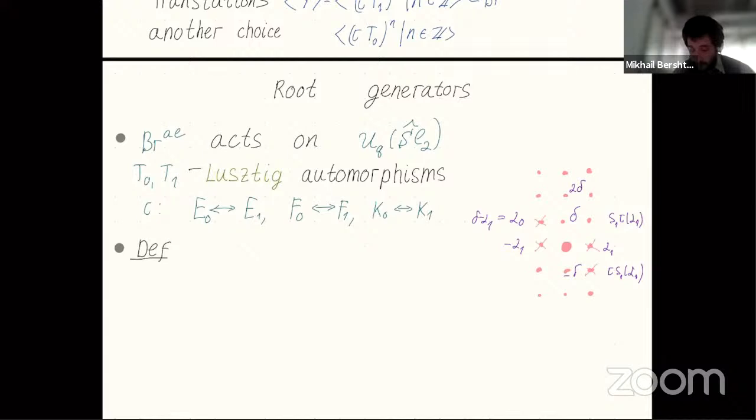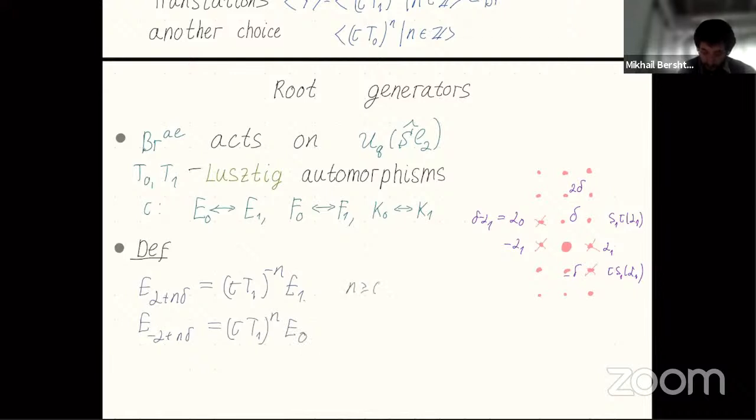Okay, let us make the first important definition. Let us define E alpha plus n delta to be tau T1 to the power minus n applied to E1, and E minus alpha plus n delta to be tau T1 to the power n applied to F1. Here n is non-negative, here n is positive.